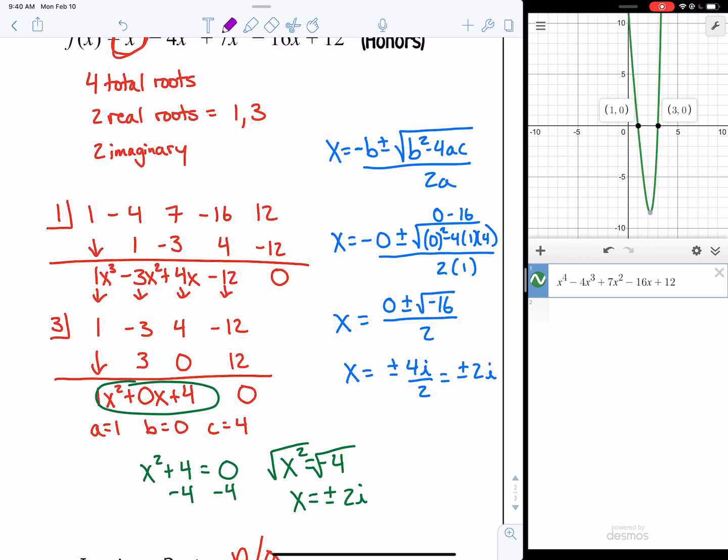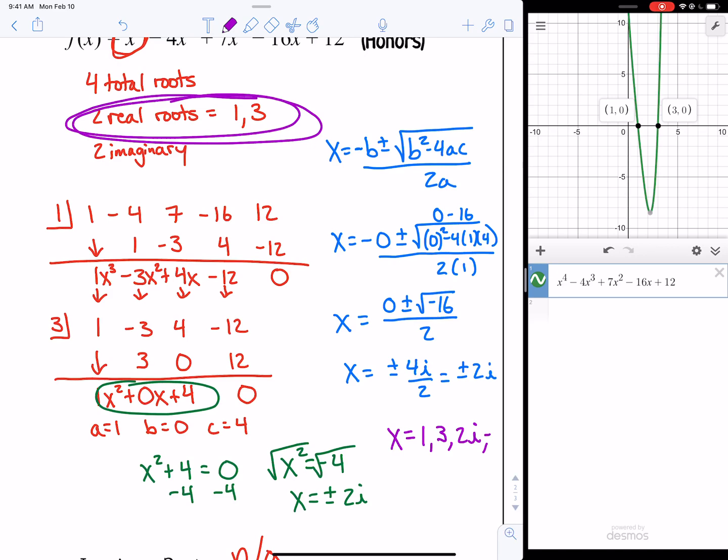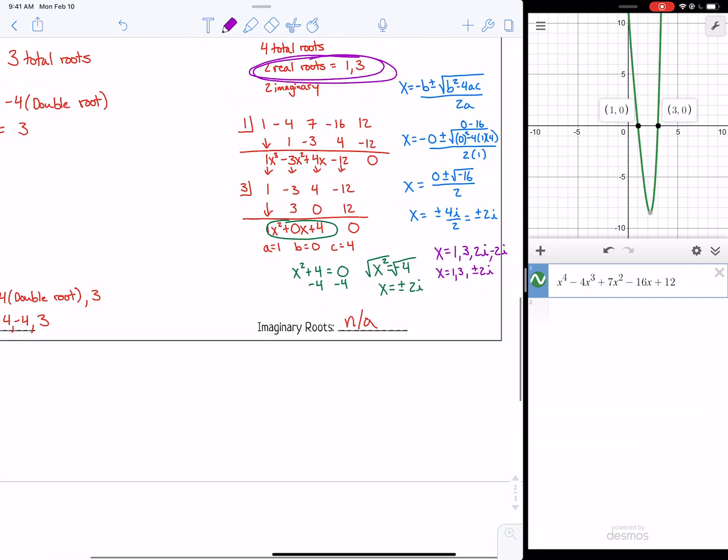And then in the end, you just want to put all of that together. So you had 2 real roots you started with. That was 1 and 3. And now you have 2i and negative 2i. Or you could write 1 and 3 and plus or minus 2i. So either one of those answers would be fine. At the bottom, you'd want to put those in the right spot.